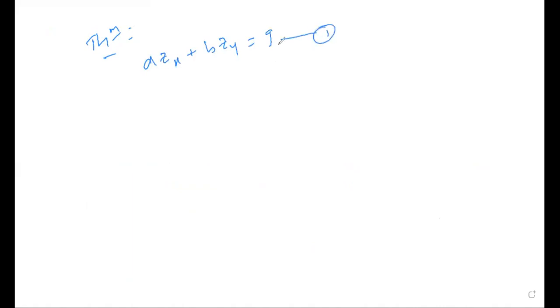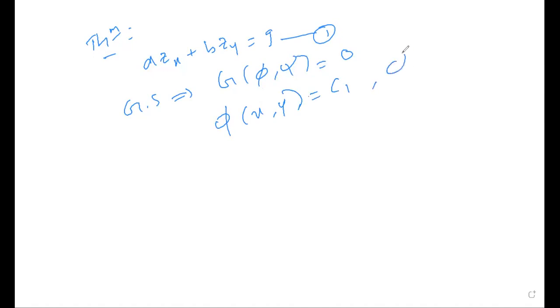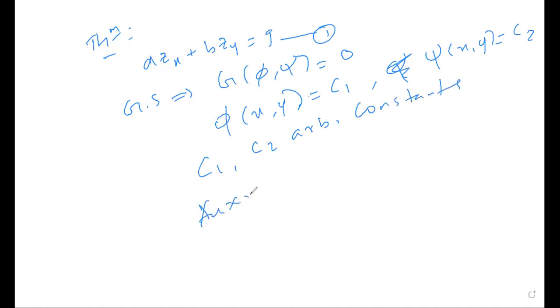Our general solution will be F(φ, χ) = 0, where φ is a function of x, y equal to c1, and χ is a function of x, y equal to c2, where c1 and c2 are arbitrary constants, and our auxiliary equation will be dx over a is equal to dy over b is equal to dz over g.